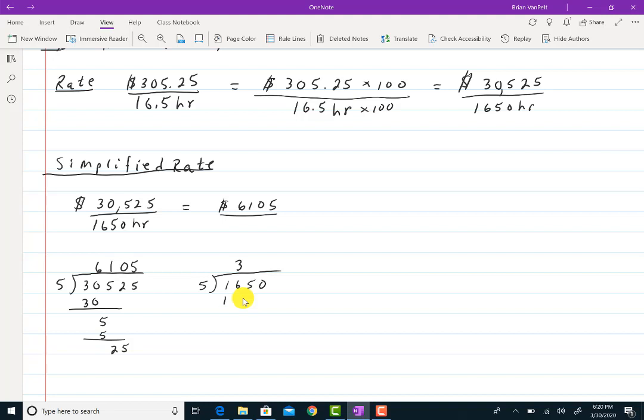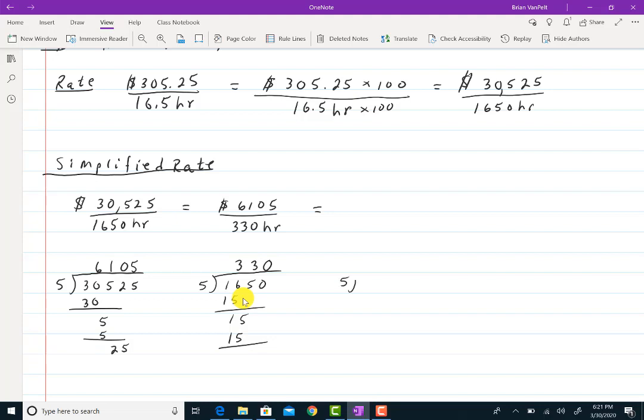And 5 goes into the 1650. 5 goes into 16 3 times. 5 goes into 15 3 times. And hopefully you remember when you end up with zeros all there, but you still have another digit to put in, that's 330. So 330 HR. Let me simplify again. Well, 5 goes into both of these again.